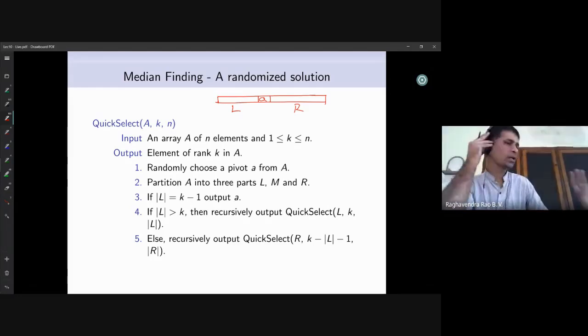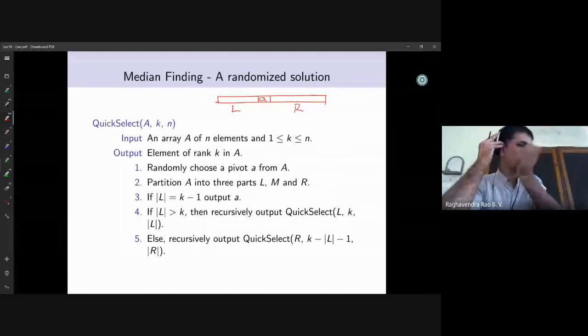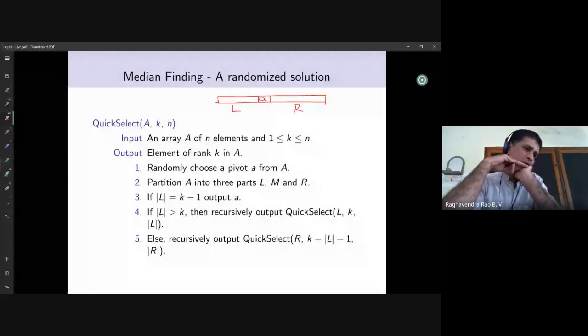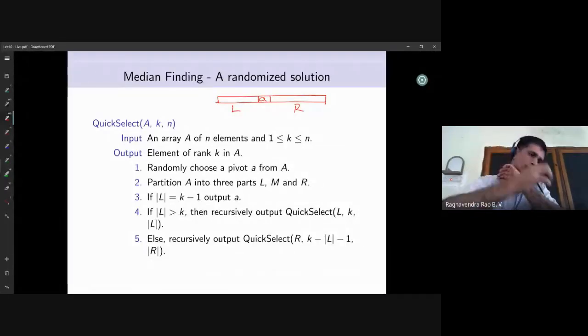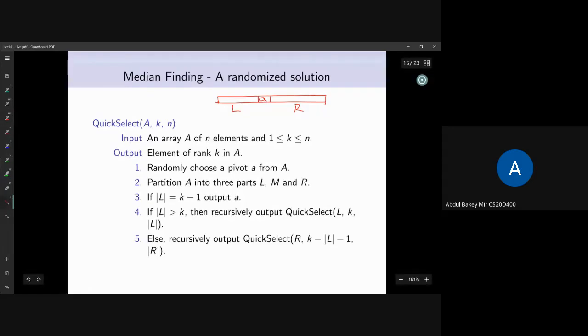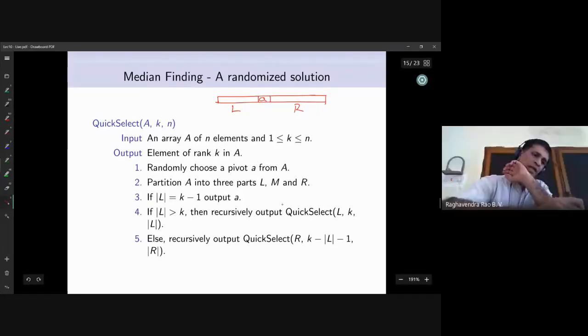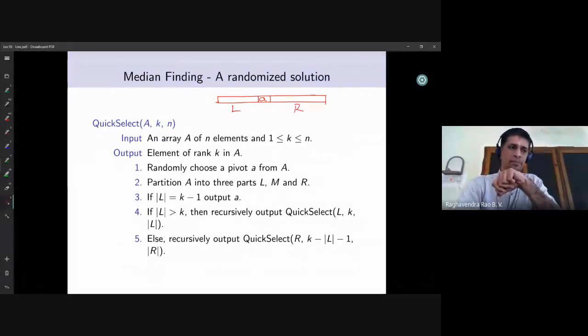Now let's do a size analysis of L and R. So what if the size of L is k minus 1? What do we know? A is the median. If L is k minus 1, there are exactly k minus 1 elements less than A. So the rank k element must be A, right?